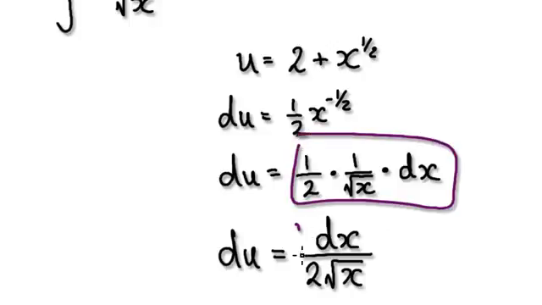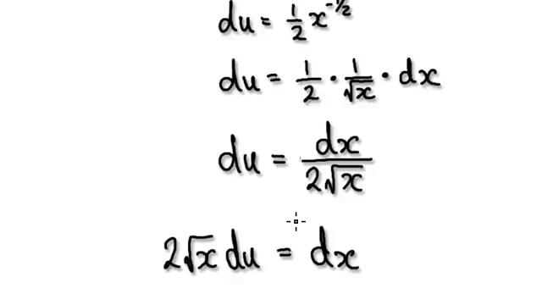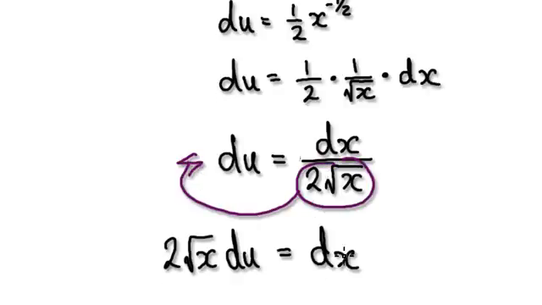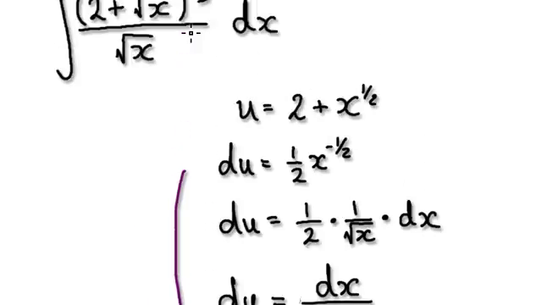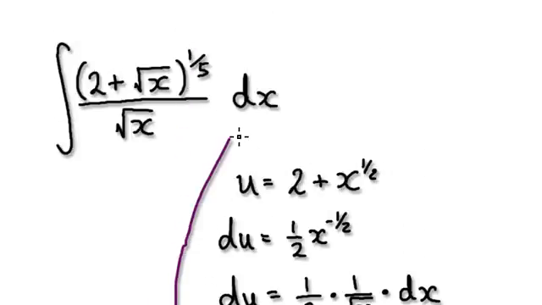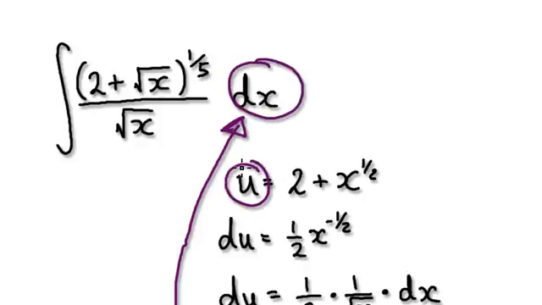Tidy this whole thing up, and it will give you this, and then times both sides by this bit here. So dx equals this. So now we can put this into the dx here, and then we can put the u into here.